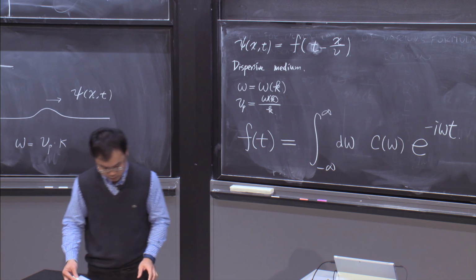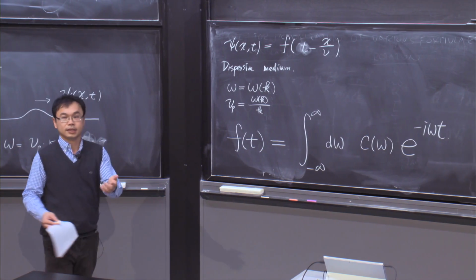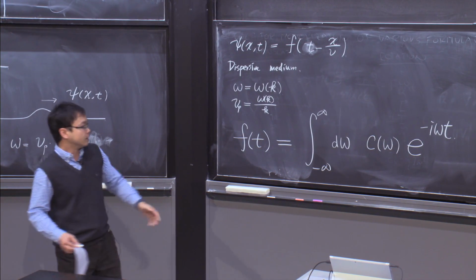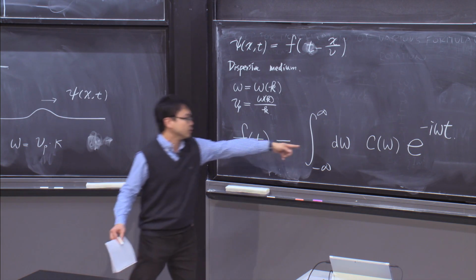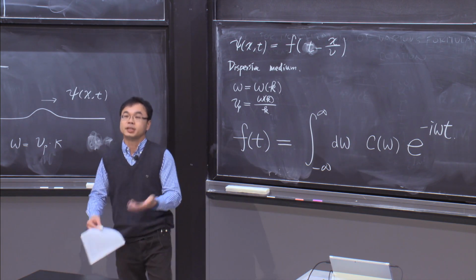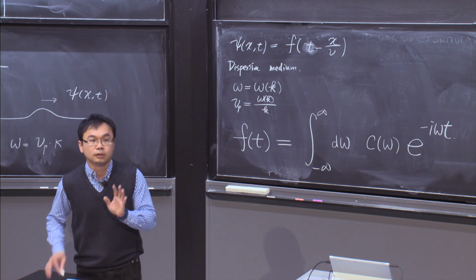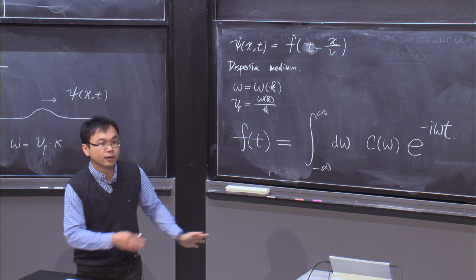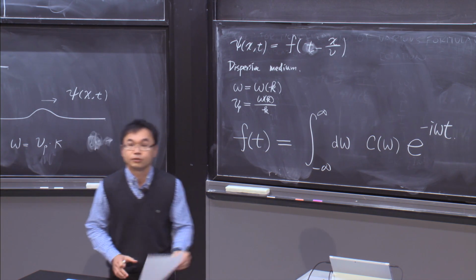You can always write exponential i omega t in terms of sine and cosine, and absorb the i into c of omega. Basically, things are identical between these two formalisms. So in this lecture, I'm going to stick with this functional form. Any questions?